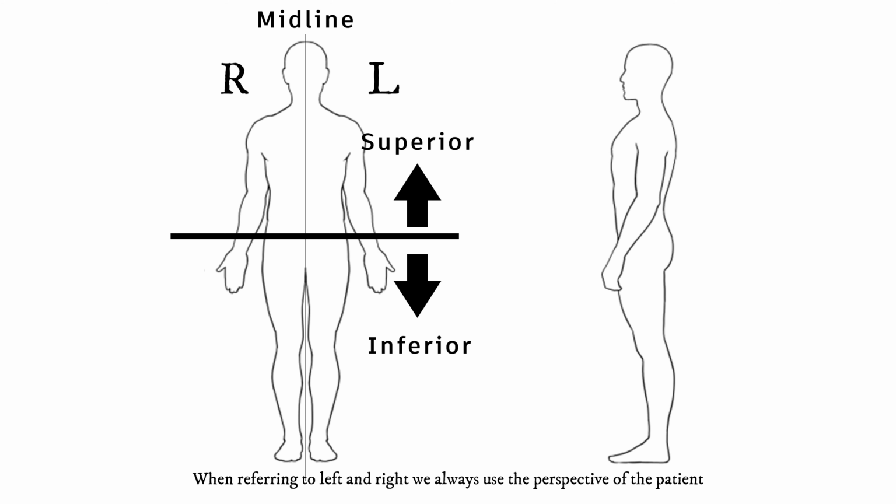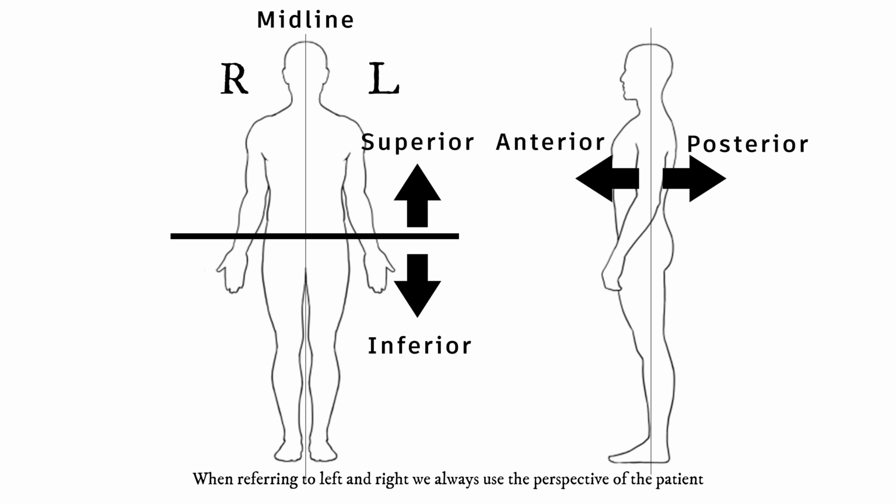What else? Anterior or posterior. Now, anterior or posterior is more related to the front or back. Anterior means in front and posterior means in the back. Other terms used for the same thing are anterior or ventral and posterior or dorsal. You can think about a dorsal fin on a dolphin to remember that dorsal is back, okay? But for now, we'll go with posterior and anterior.